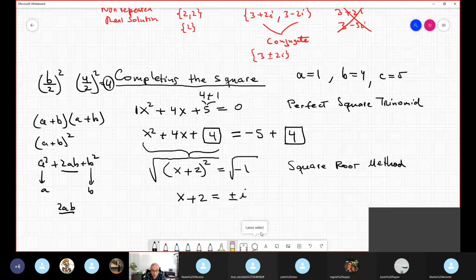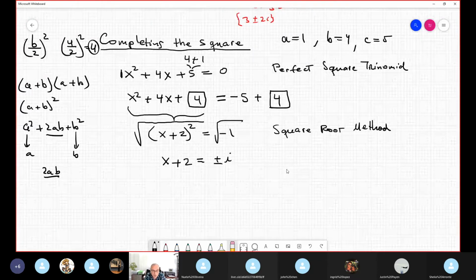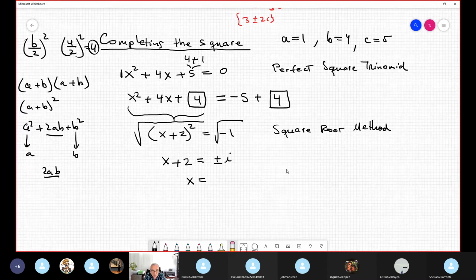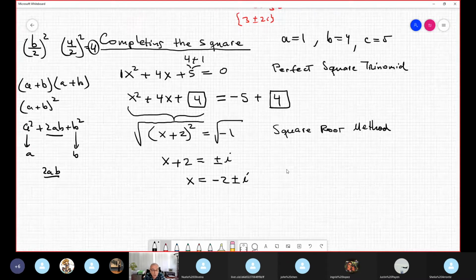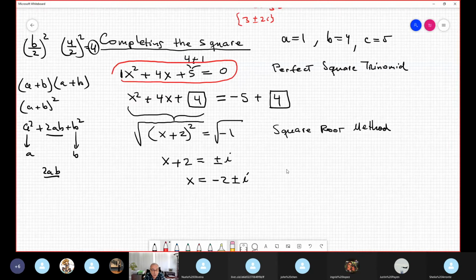Okay. Finally, I solve for x, which is my goal. I move 2 to the other side, minus 2, plus or minus i. Conclusion: this original equation, this horrible equation, is relatively easy.